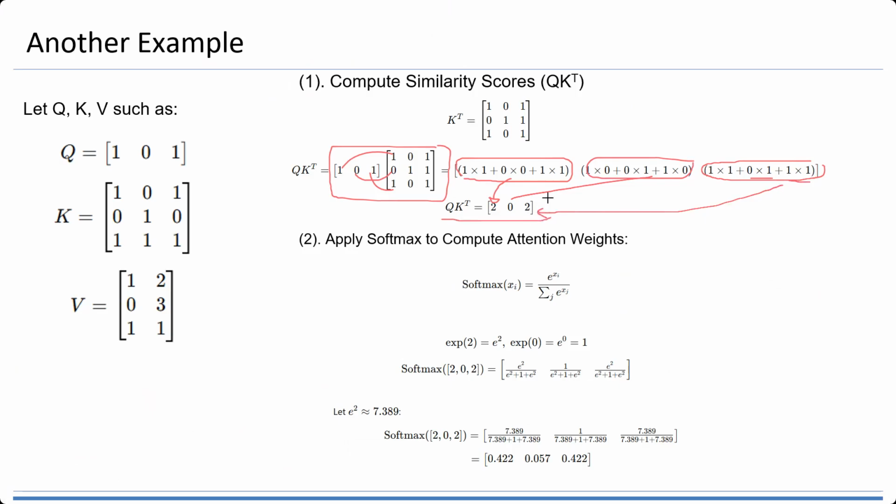So this is the similarity score. After you have this one, you will do the softmax. The softmax is using this formula.